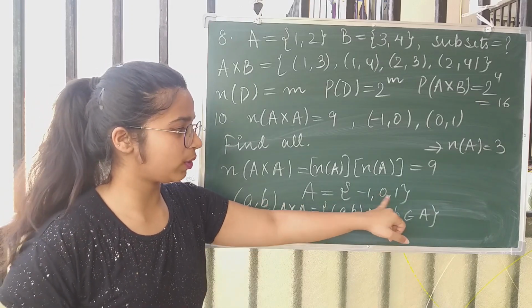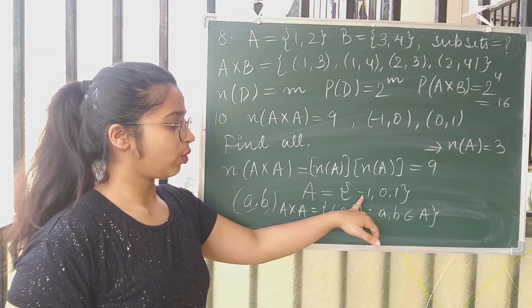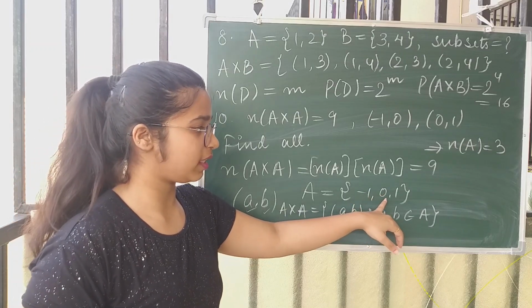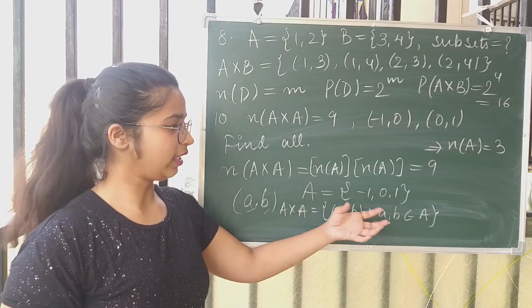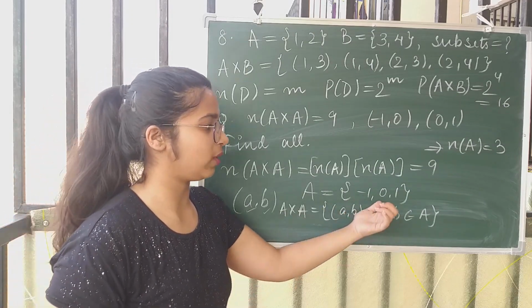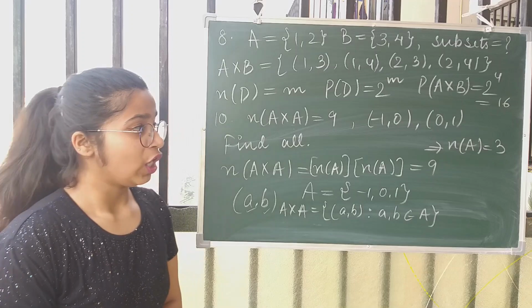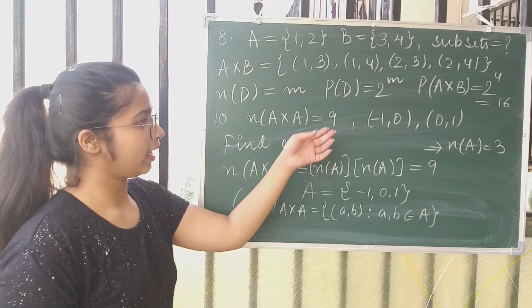Similarly, you will take 0 with all of the 3, that will be (0, -1), then (0, 0) and (0, 1). Similarly, you will take 1 with all of the 3, that will be (1, -1), (1, 0) and (1, 1). So in total there will be 9 elements.